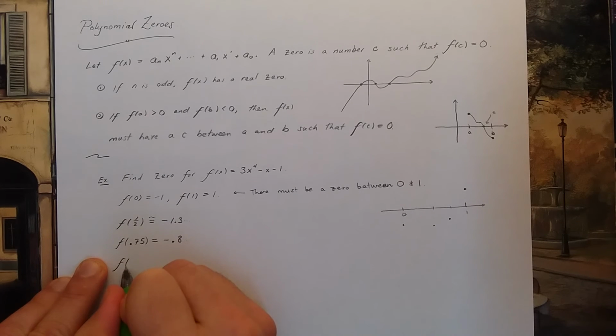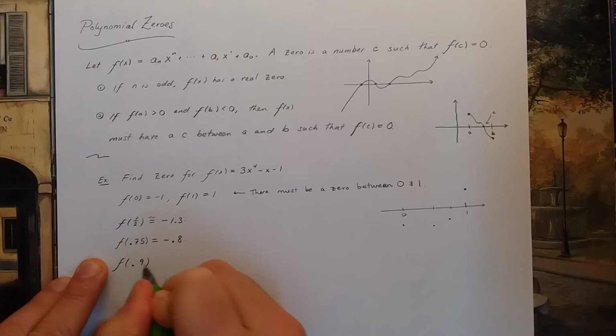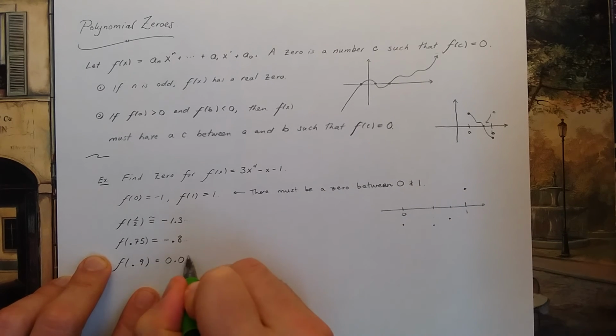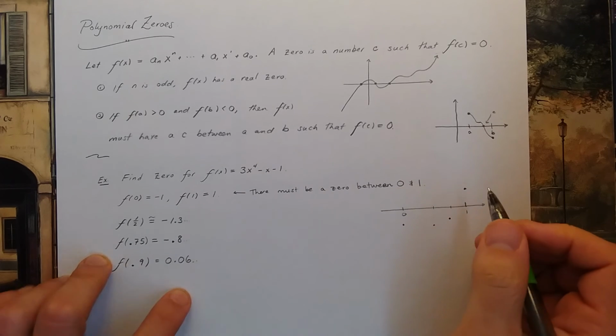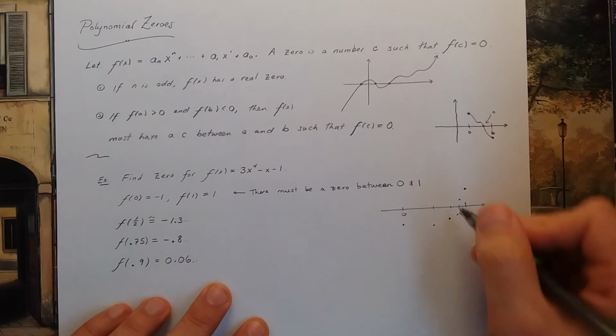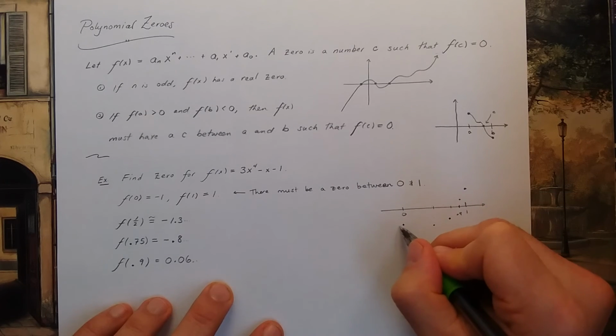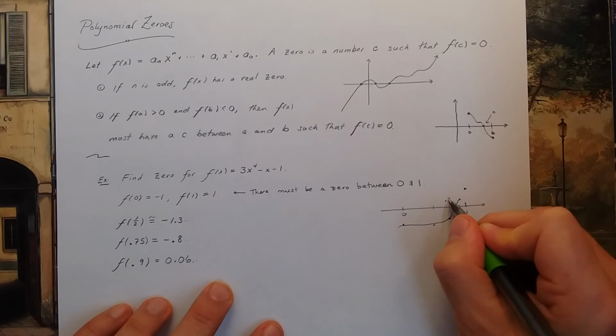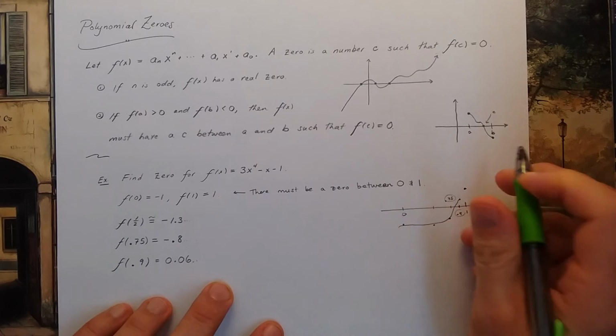Let's try 0.9. So if I plug in 0.9, I get 0.06, a small positive number. So at 0.9, I'm positive. So that means there must be a 0 between 0.75 and 0.9.